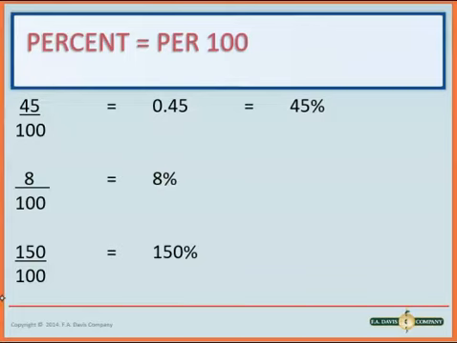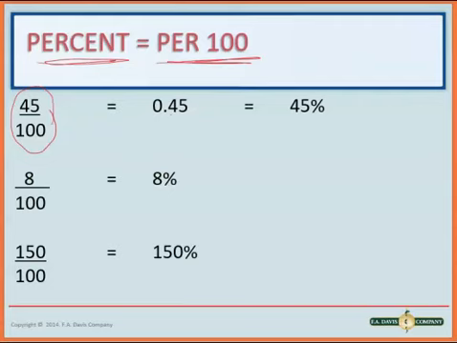So we know we can change our fractions to a decimal form, but we also can change our decimal form to a percentage form by moving our decimal. And also something we need to know, our percentages are per 100. Okay, so let's look at this first example. We've got 45 over 100. And remember, our percent is per 100.